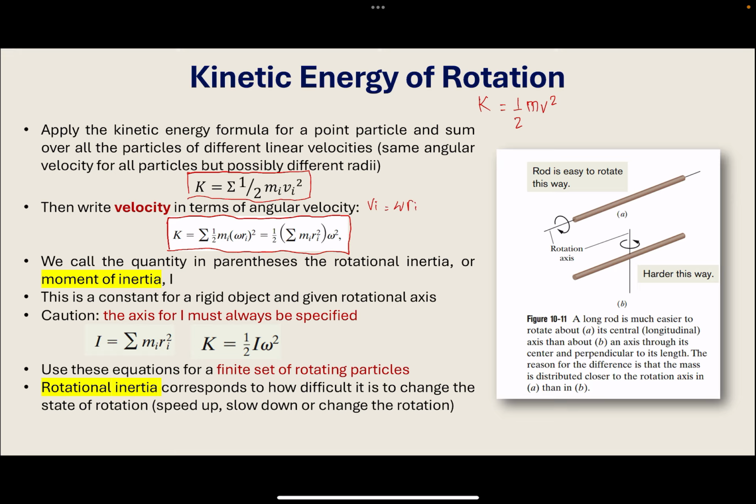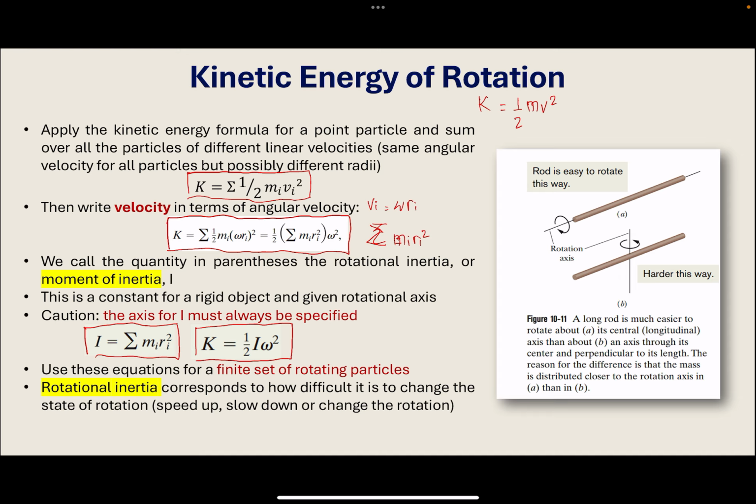The term inside the parenthesis, this one, is called the moment of inertia, or I. So we have the moment of inertia, these equations, and the rotational kinetic energy becomes K equals one half I omega squared.